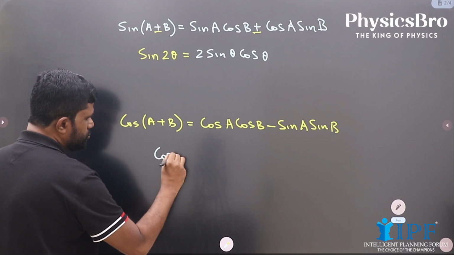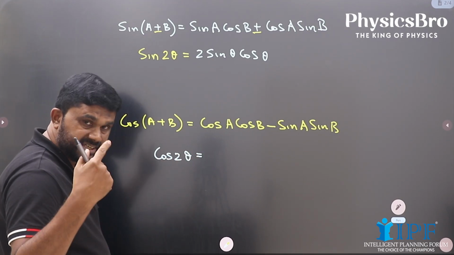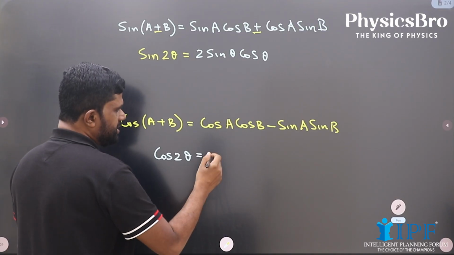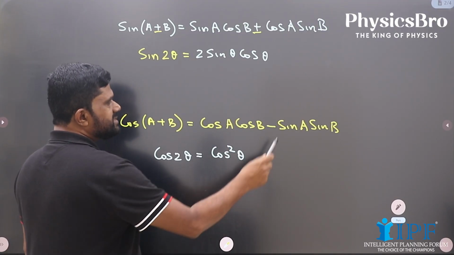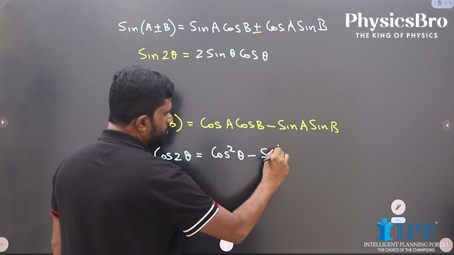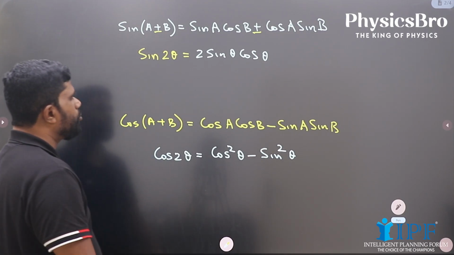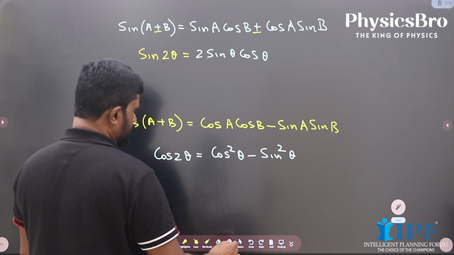Cos theta into cos theta will be cos square theta, and sin theta into sin theta is sin square theta. So, cos 2 theta is actually cos square theta minus sin square theta.